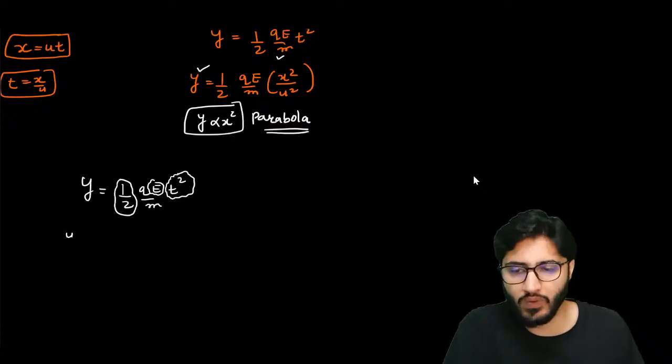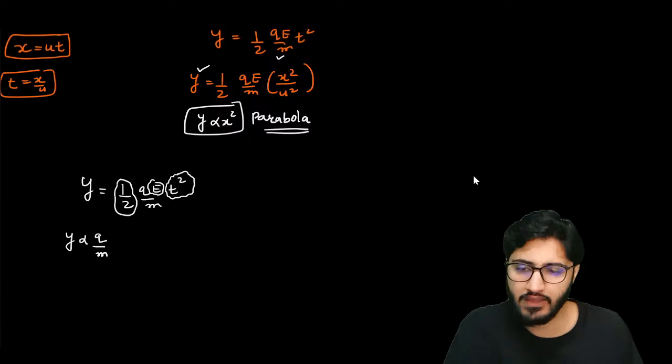So can I write y is directly proportional to q by m? This simply indicates the more deviation. Why? What is y? Y is the deviation. More deviation, more q by m ratio.